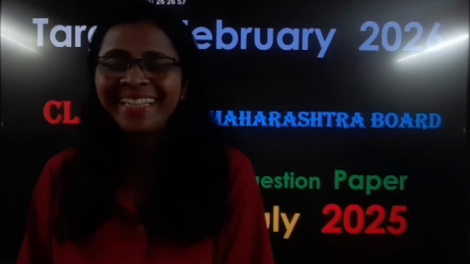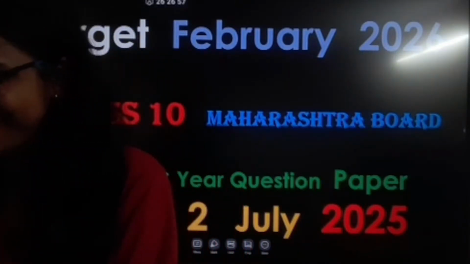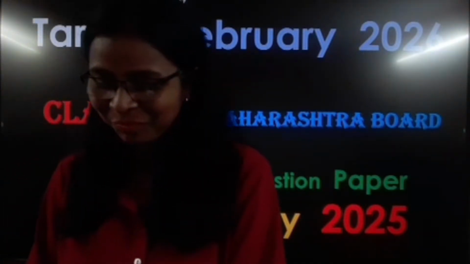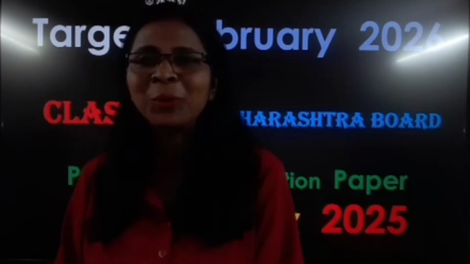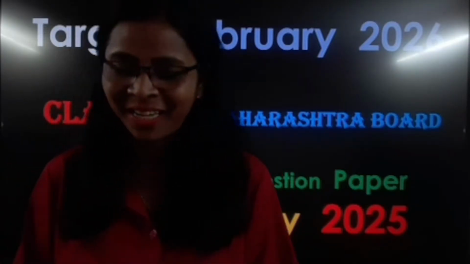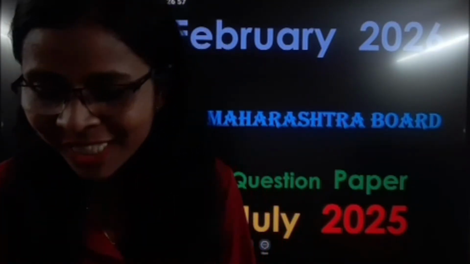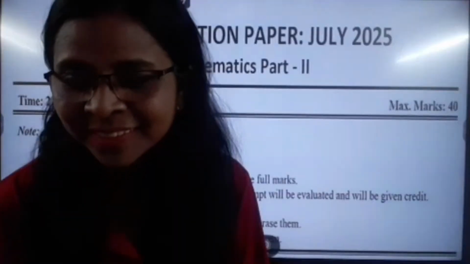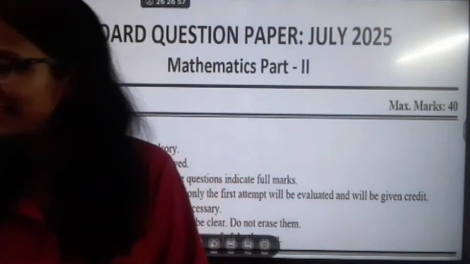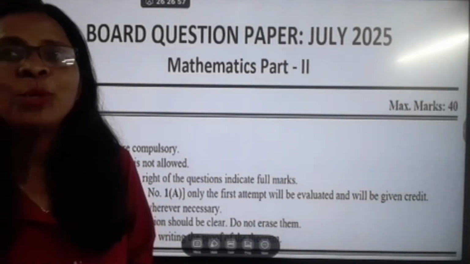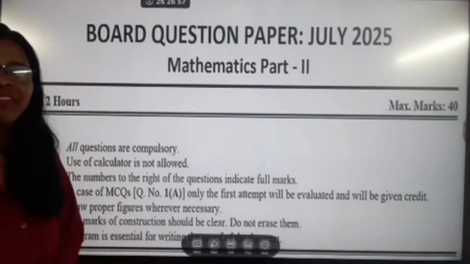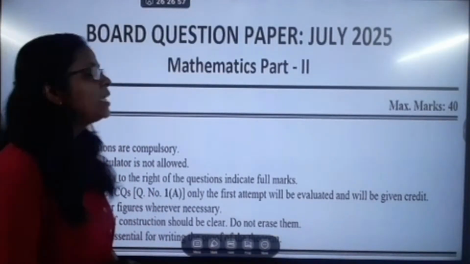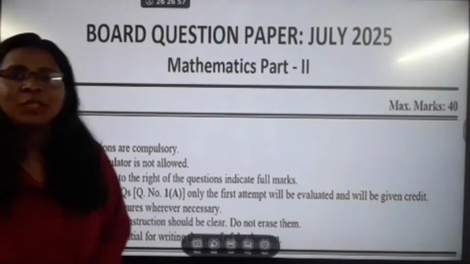Now let us start this previous year board question paper July 2025. So see students, first, the board question paper July 2025 is mathematics part 2, that means geometry.